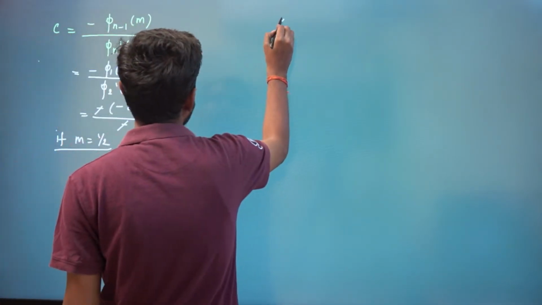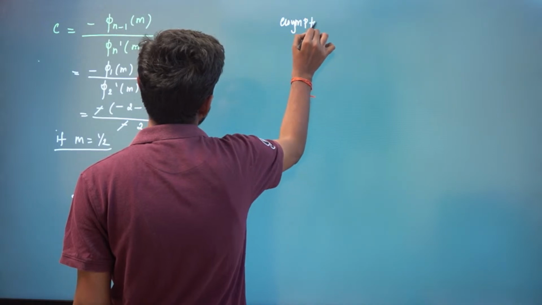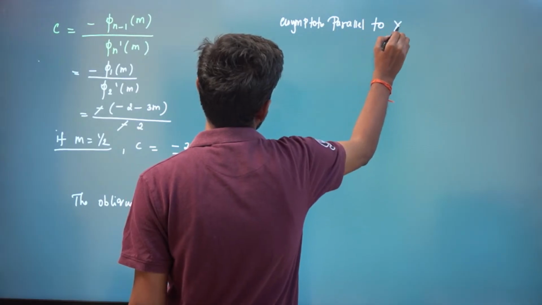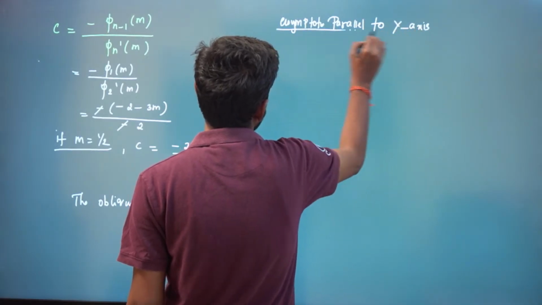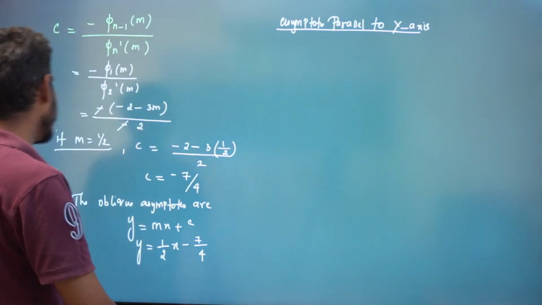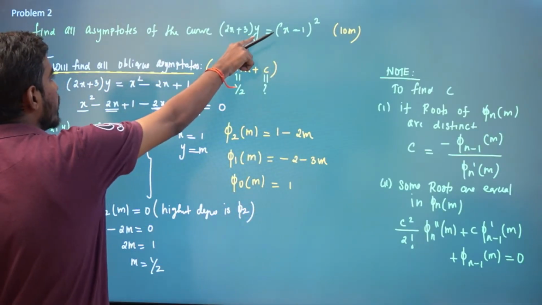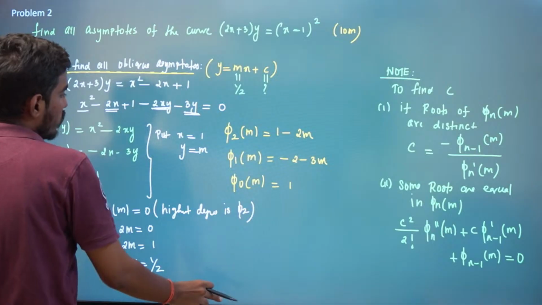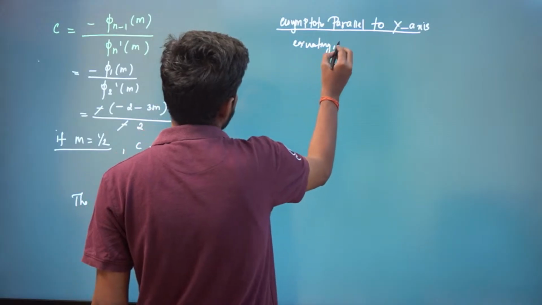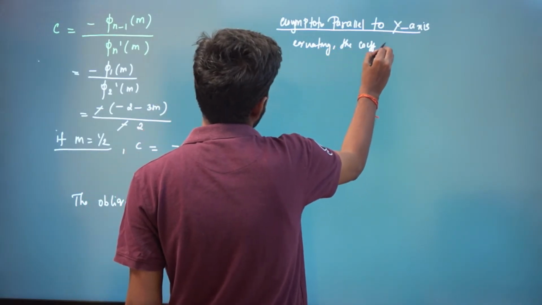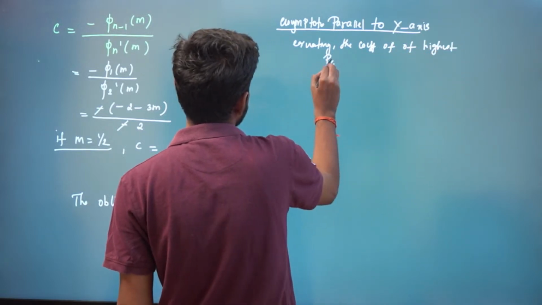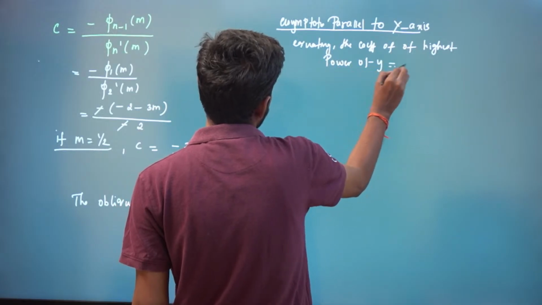And asymptotes parallel to y-axis. That is, you have to equate the coefficient of the highest power of y to be equal to 0.